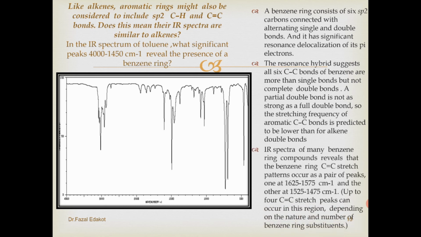The IR spectrum of many benzene ring compounds reveals that the benzene ring CC stretching pattern occurs as a pair of peaks, one at 1625 to 1575 per centimeter and the other at 1525 to 1475 per centimeter. Up to 4 C double bond C stretch peaks can occur in this region depending on the nature and the number of substituents on the benzene ring. Look at the infrared spectra and ensure that what I have said is correct.